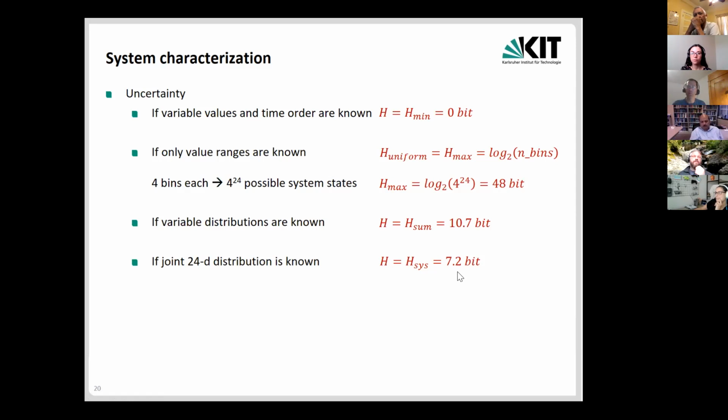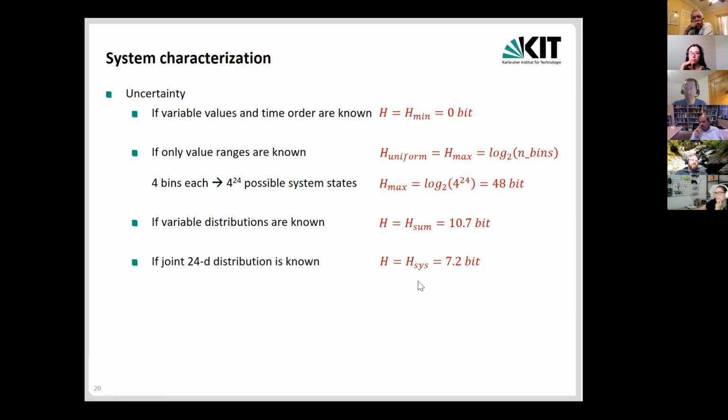So if you'd ask me, for a particular point in time, what the state of the system is, what the values for discharge, rainfall, and so on are, I'd have to ask 7.2 questions on average to guess that. It could be in any of these boxes, and to resolve which box it's in, I would have to ask that many questions. Okay. And actually, it's quite interesting that you only need 7.2 questions to identify one data point in a 24-dimensional space. It's not much. Stephen?